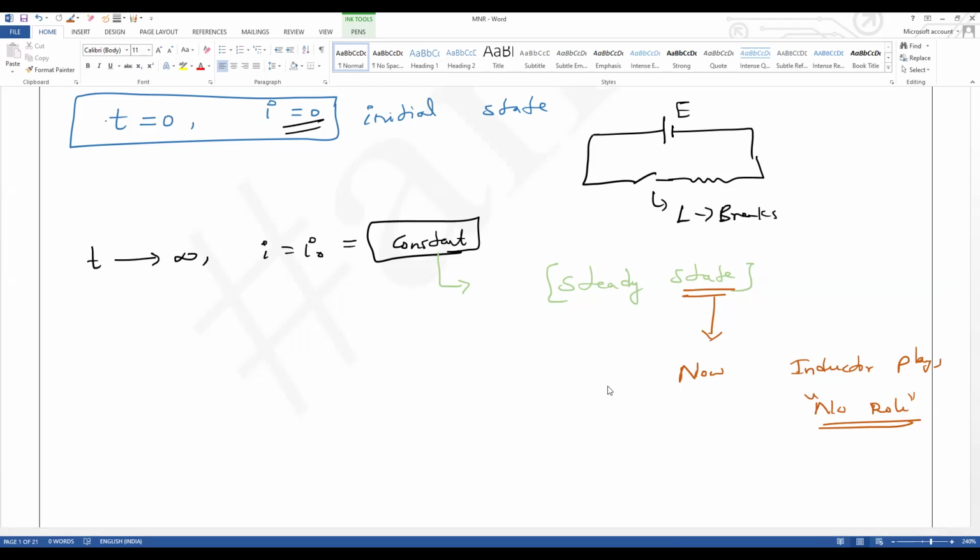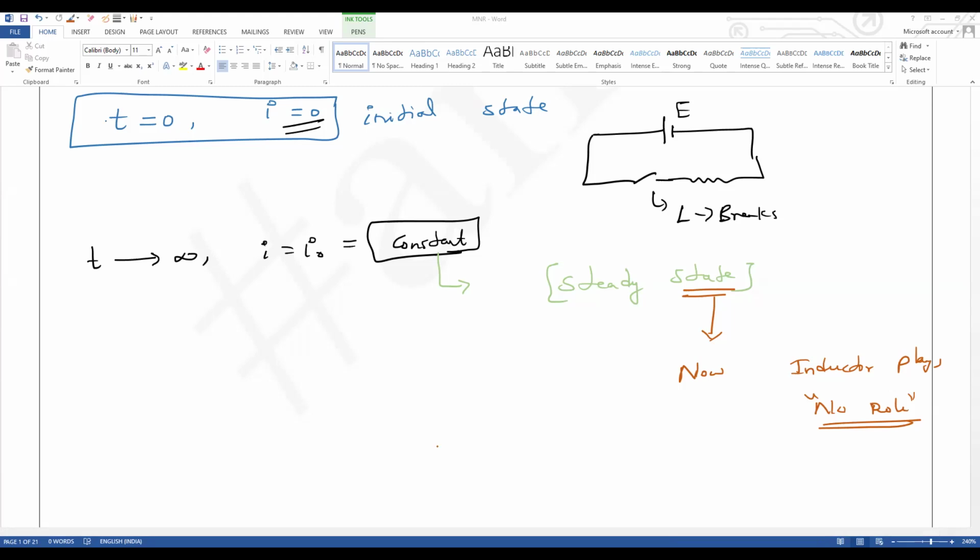Is it okay, guys? Please respond, everybody. All of you clear? So the inductor has value only from t equal to 0 to t equal to infinity. Do you all understand, everybody? Please respond, guys. Yes, sir. So that is what you should understand.